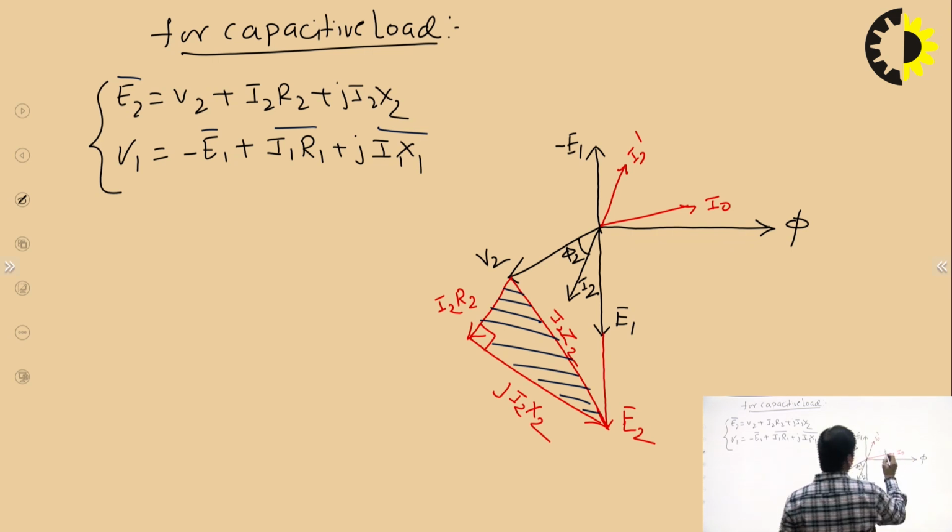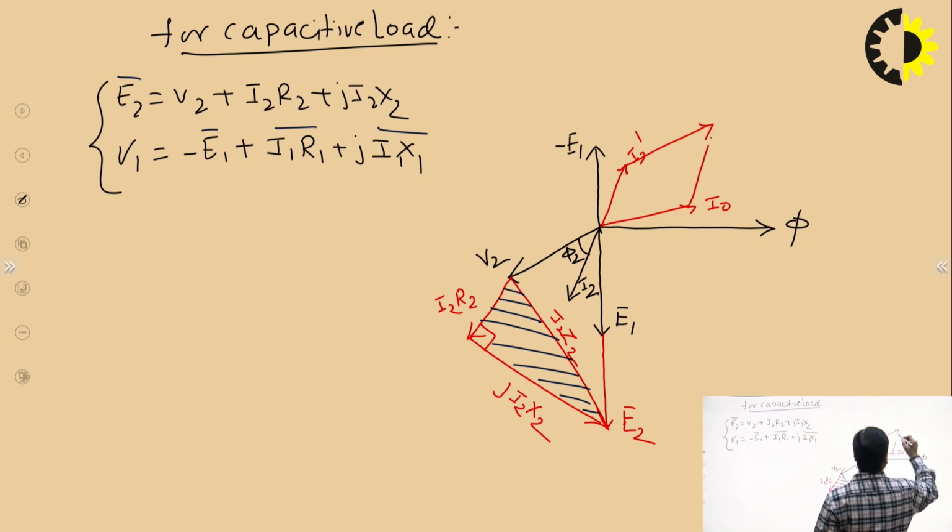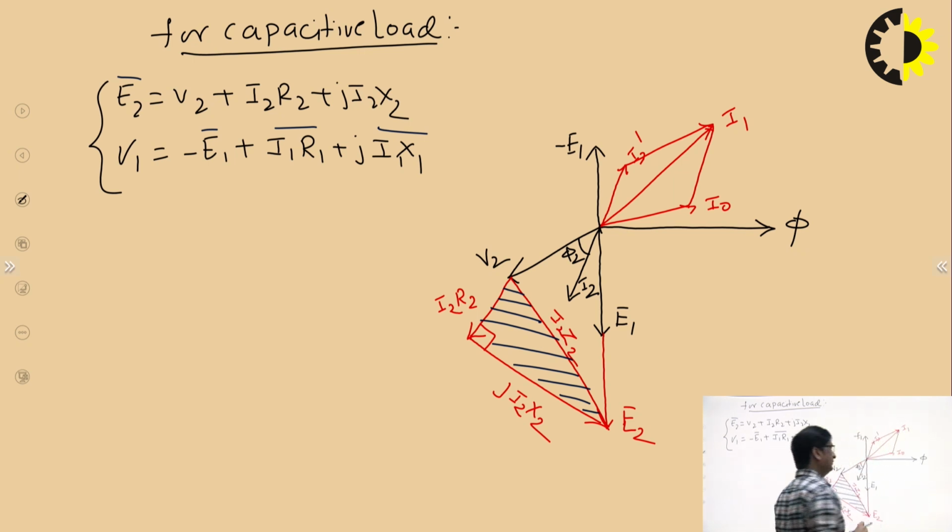So the primary current is the phasor sum of the no load component and the load component of the primary current, that is I2 dash.